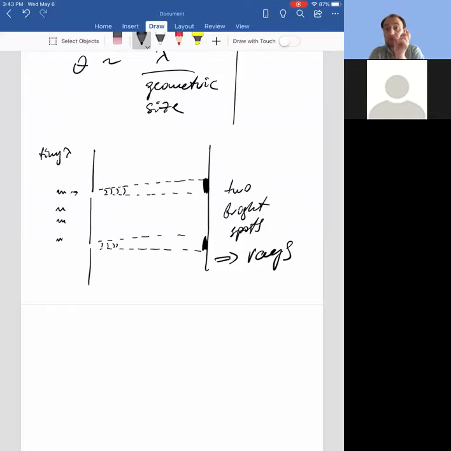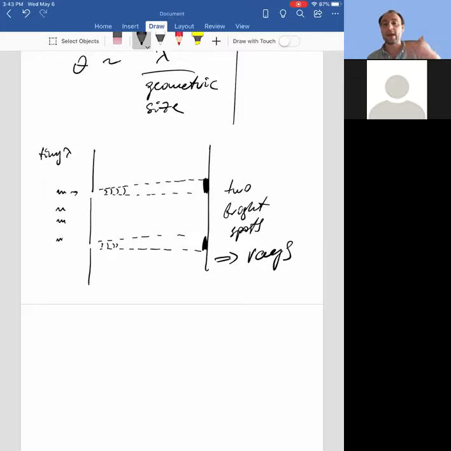But you really had to push the experiment to the limit. In conventional situations, when you have doors this big, you don't get the wave aspect of light to manifest itself. And instead, you deal with rays.